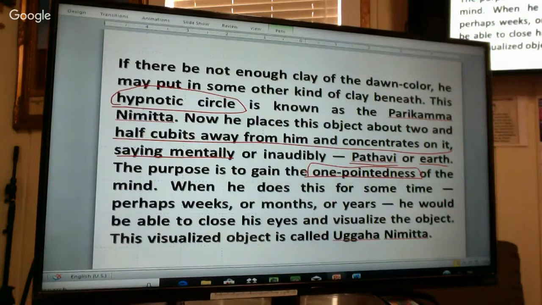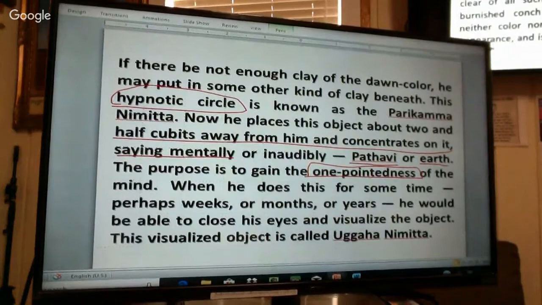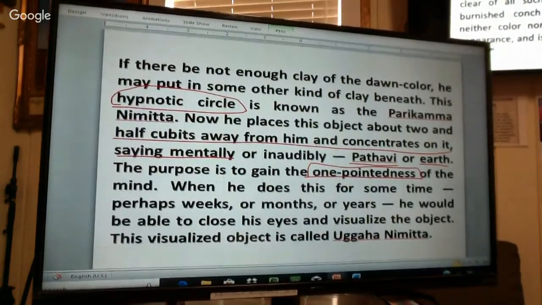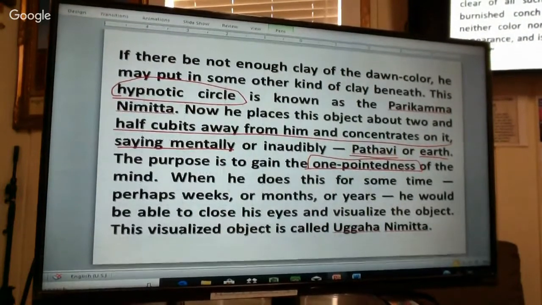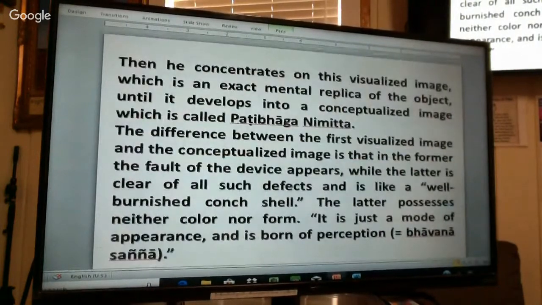Uggaha. Okay. So at that time, you continue. Continuously you practice with that object, Uggaha Nimitta. So more and more you get the concentration with that virtual image.